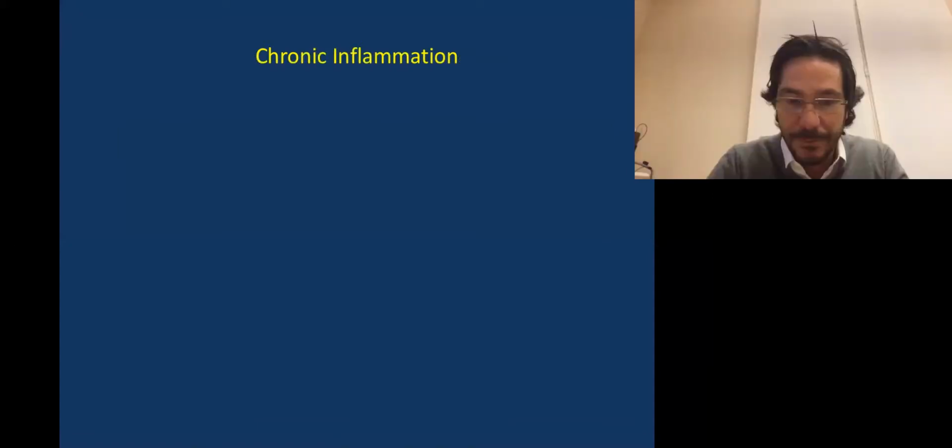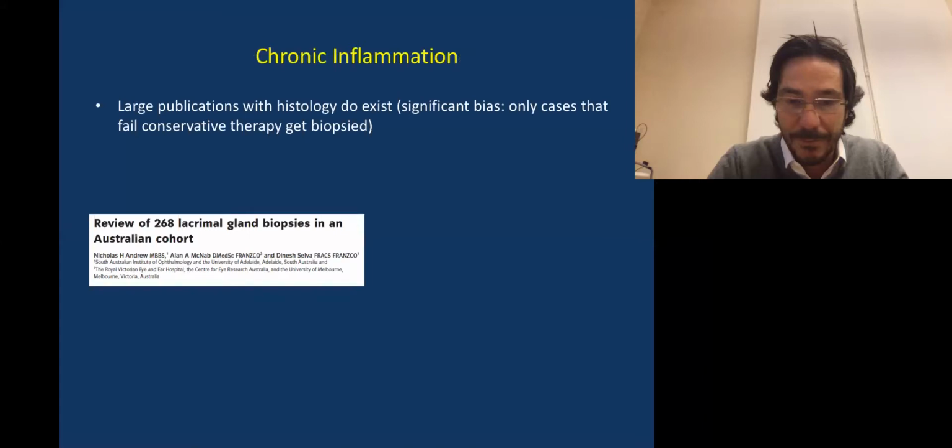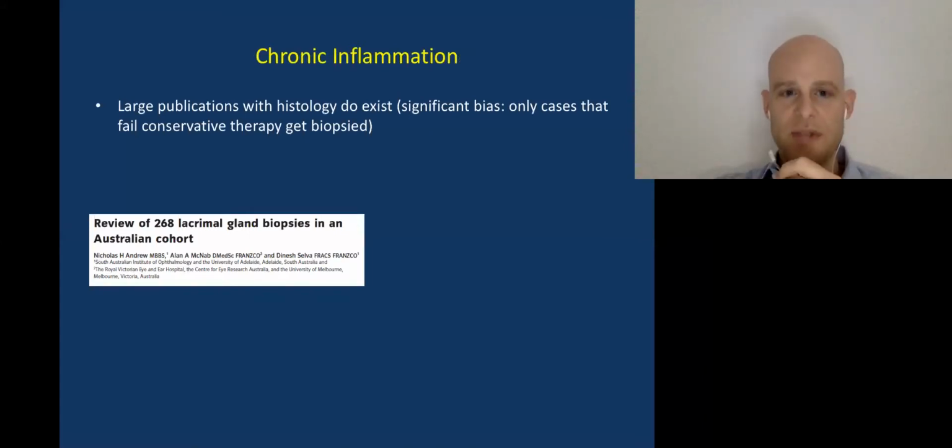Okay. Chronic inflammation. Large publications do exist with histology for chronic inflammation. You'll get publications that will say, here are our last 268 lacrimal gland biopsies. But remember that this is a significant bias because only patients that fail conservative therapy tend to get biopsied.